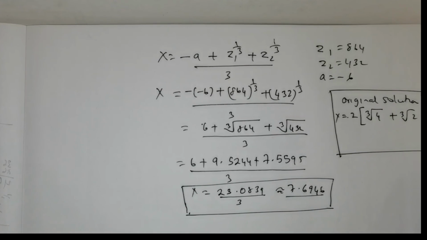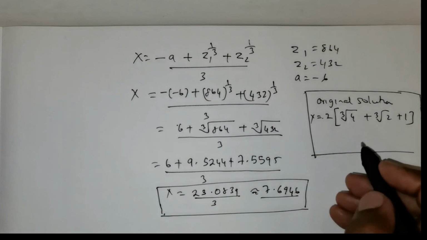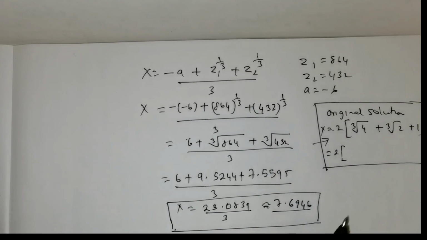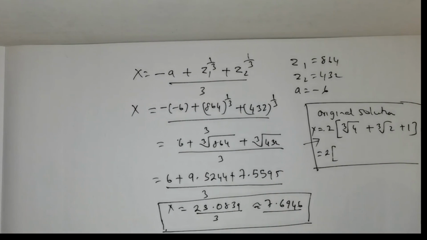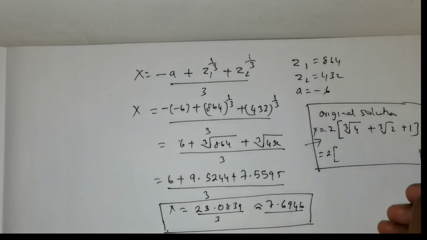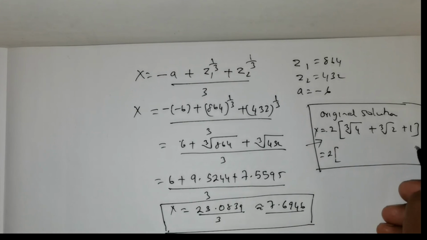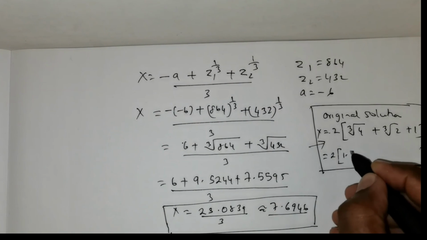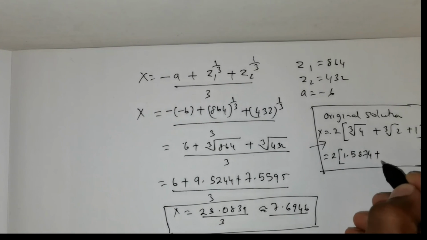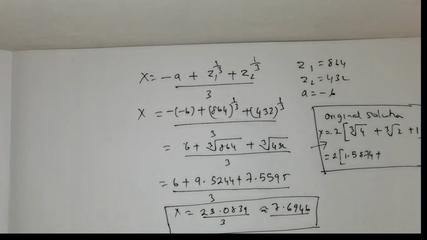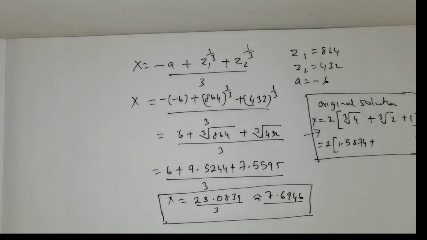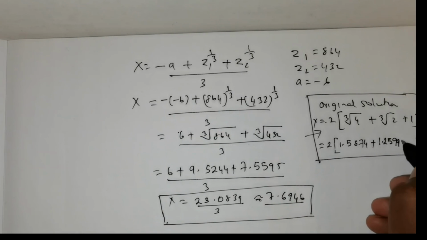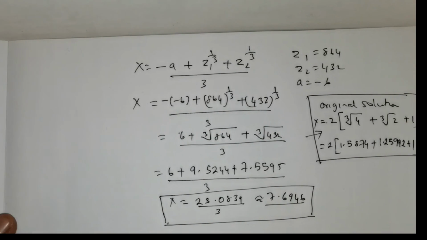Okay. Now the original solution that we got was this. I'm going to show you that this is exactly the same value that we would get if we were to find the cube root, add up all this, and then multiply it with 2. So let us find the cube root of 4, 1.5874, and that has to be added together with the cube root of 2, 1.25992, added with 1.